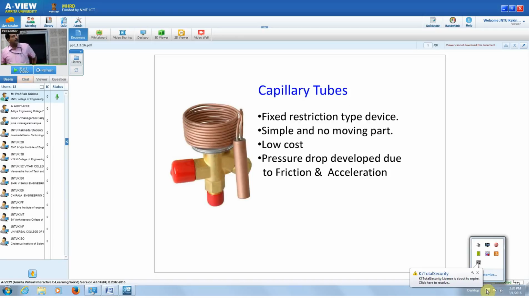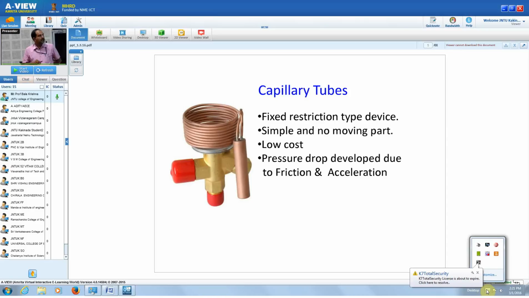Yeah. Then another type of flow control valve is the capillary tube. It is a fixed restriction type device. It is simple, has few moving parts, and is low cost. Pressure drop is developed due to friction and acceleration. Right?